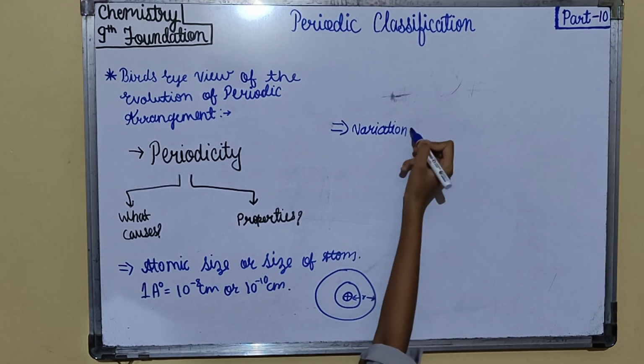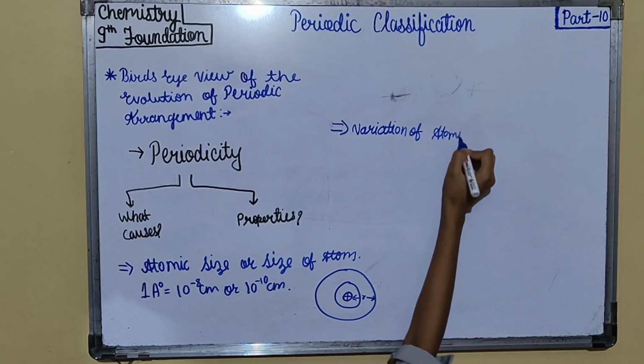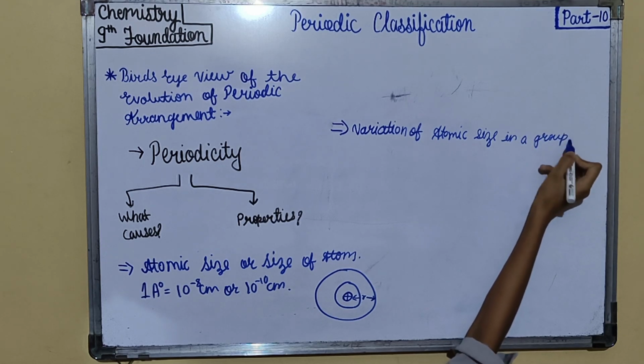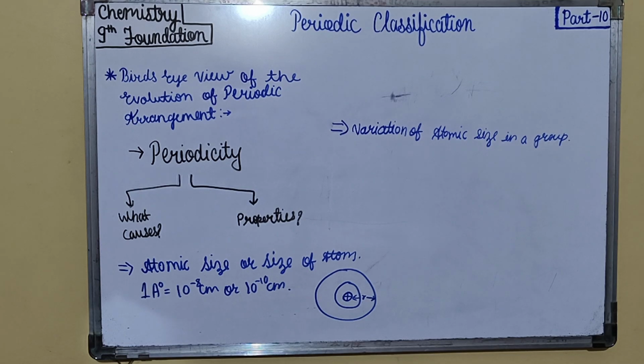To understand the variation, we should look at the electronic configuration of the outer shells of elements in a group, the 1A group. So this is of the first A group.